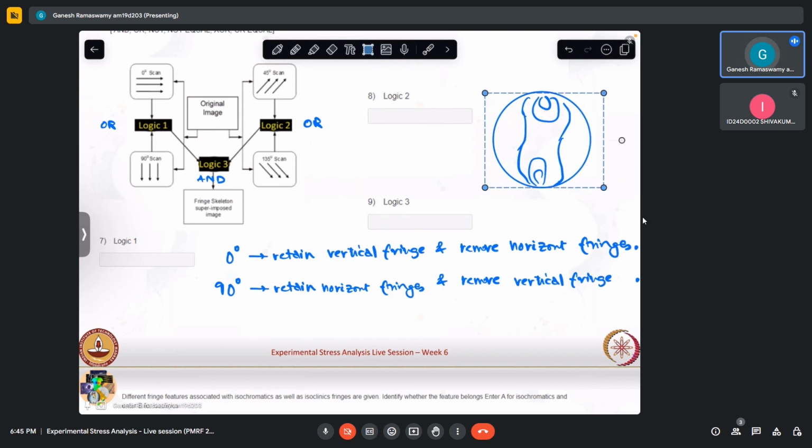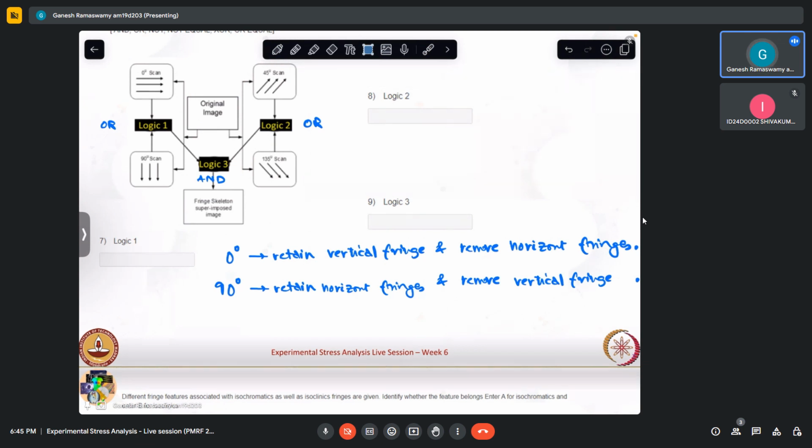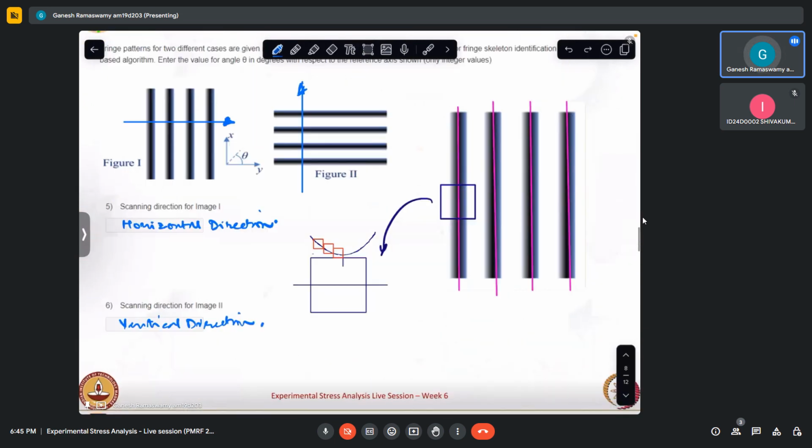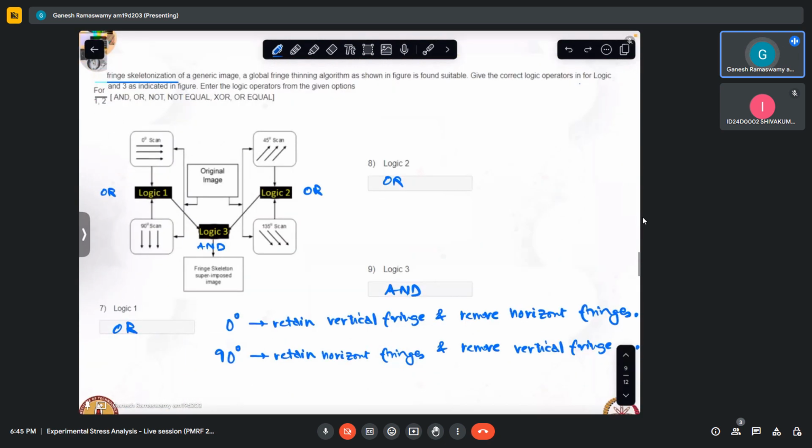So that is something that has been researched and found, that when we have an algorithm like this, it works in order to resolve the maximum amount of fringes for a generic problem. A generic problem meaning the fringes are not necessarily horizontal and vertical as shown here, but it can be generic.